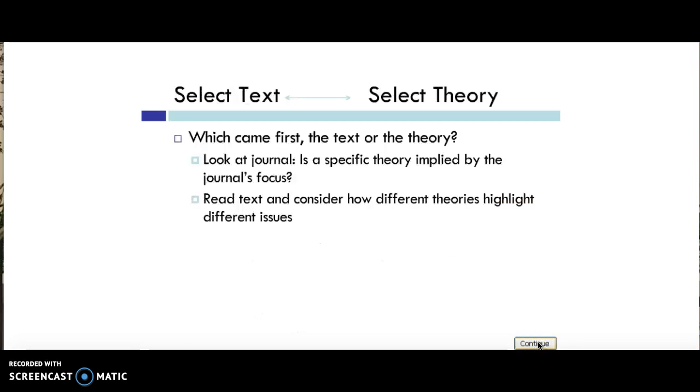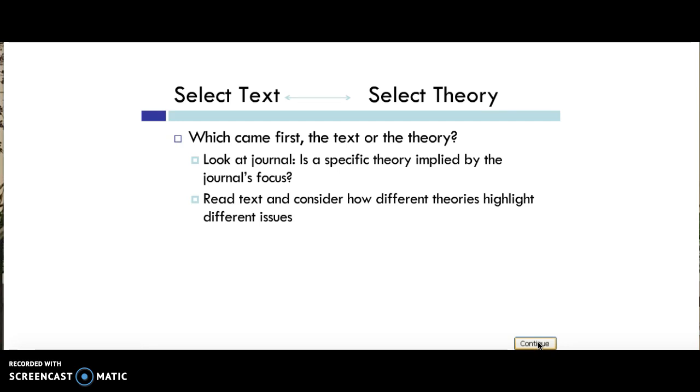When you're thinking about using a literary theory with a text, it becomes a bit of a which comes first, the theory or the text. Do you pick the theory and then find a text that fits it, or pick the theory and just fit it onto the text? Or do you read the text and then decide what theory best fits it? Sometimes the journal pushes you towards a specific theory.